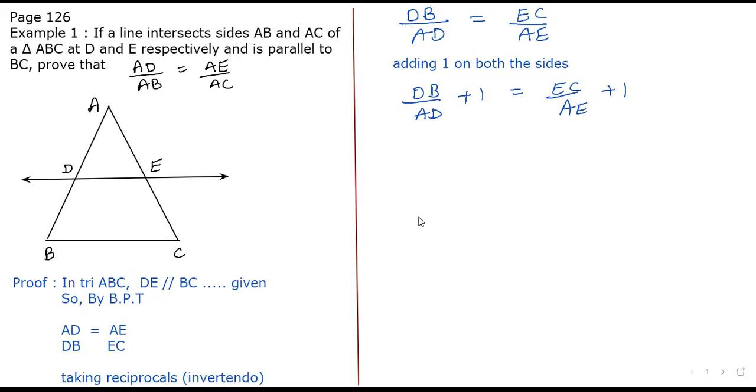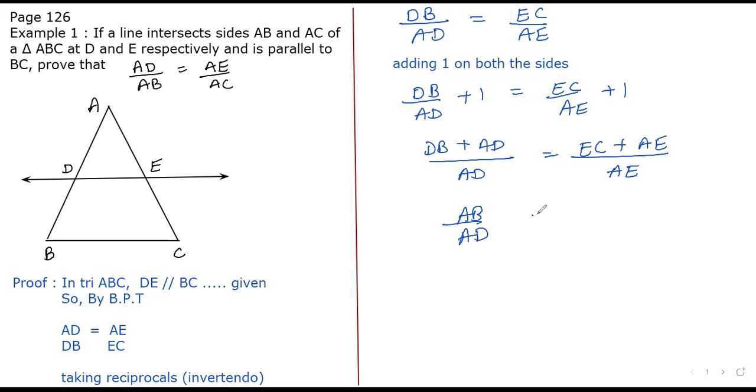So DB plus AD upon AD is equal to EC plus AE upon AE. And what is DB plus AD? AB upon AD is equal to AC upon AE.